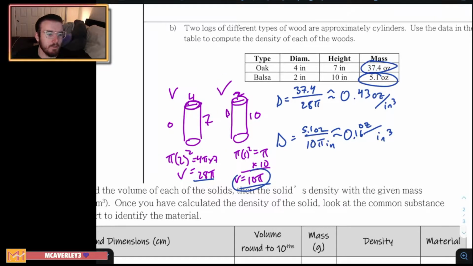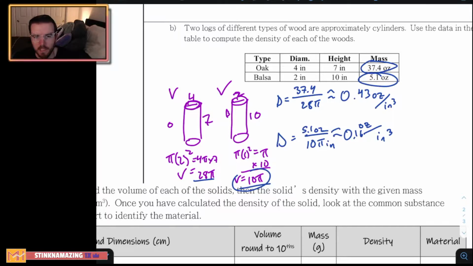So again, to remind you of what density is here, it is a measurement of how filled something is, how much stuff is inside of a thing, I think was what I said, right? Remember when I said that? So there's more stuff inside of oak versus balsa. And if you know anything about wood, you know that oak is a pretty sturdy, strong wood.